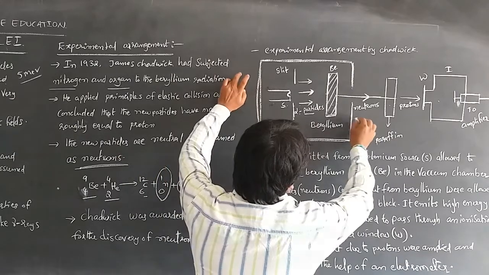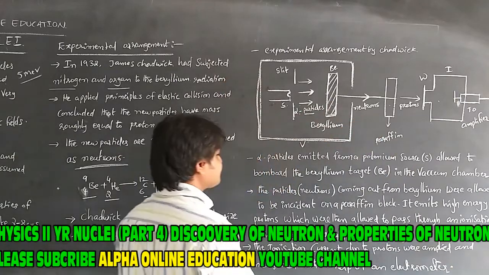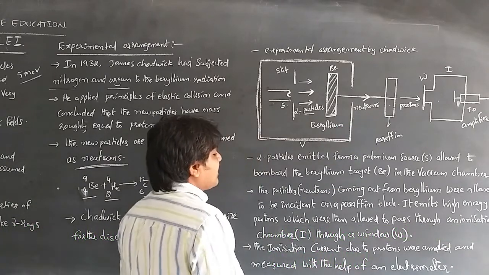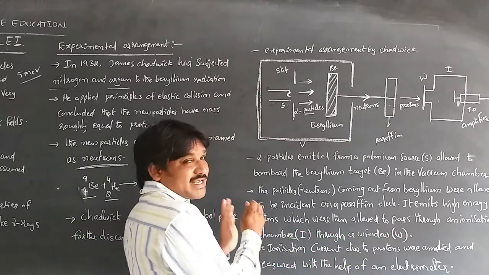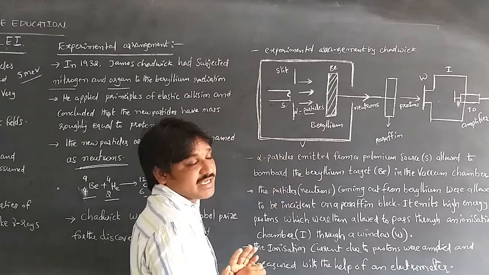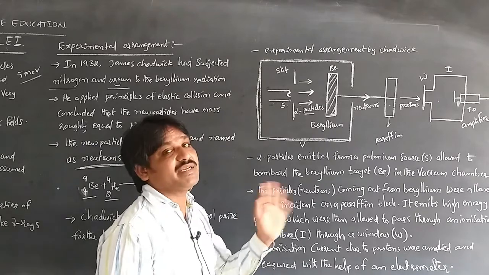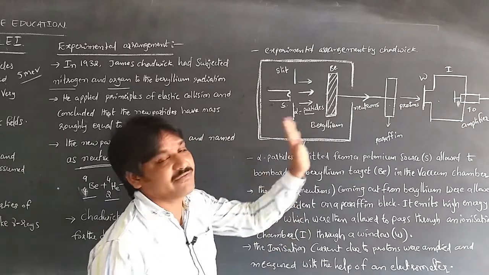These neutrons are allowed to be incident on the paraffin wax. When the neutrons are incident on the paraffin wax, high energy protons are expelled from the paraffin wax.